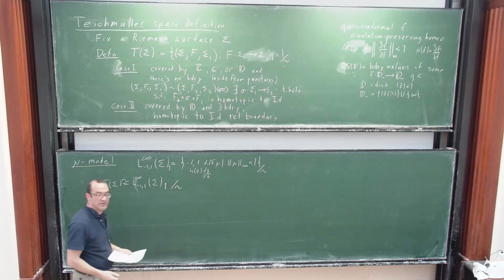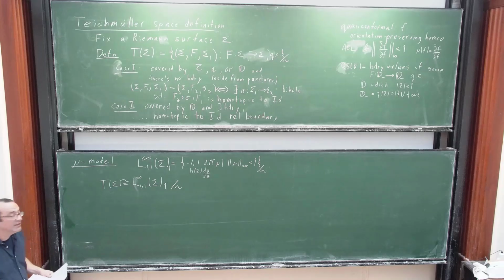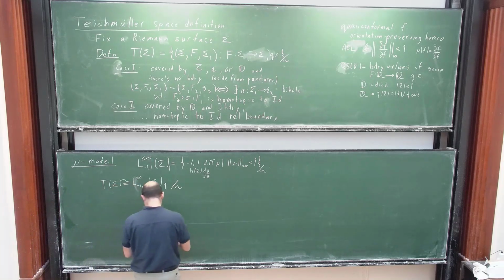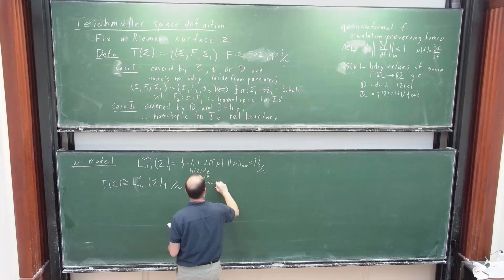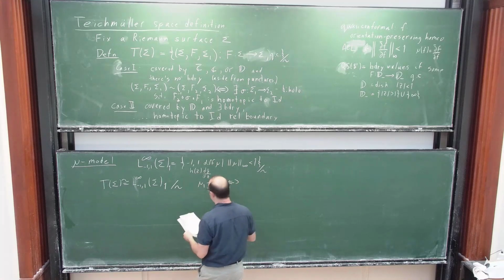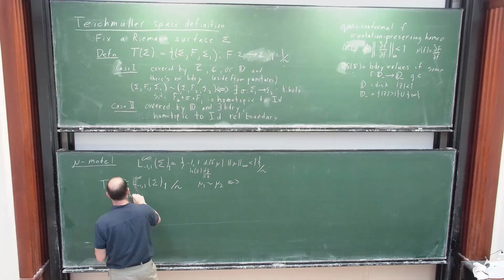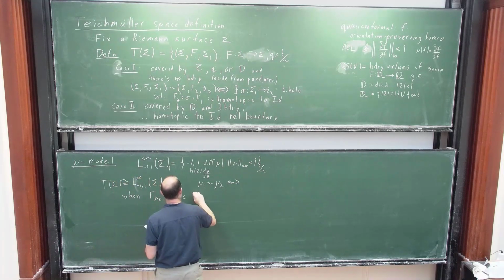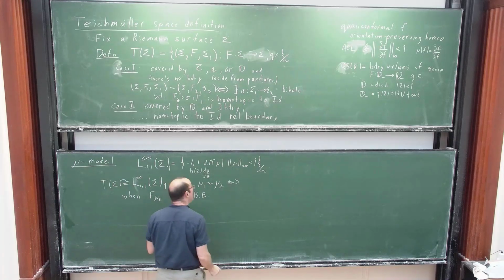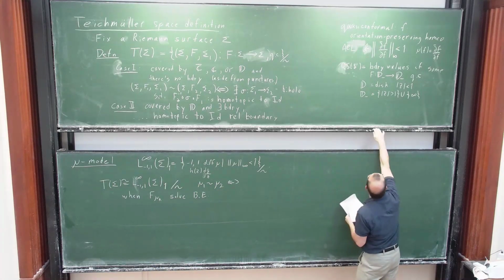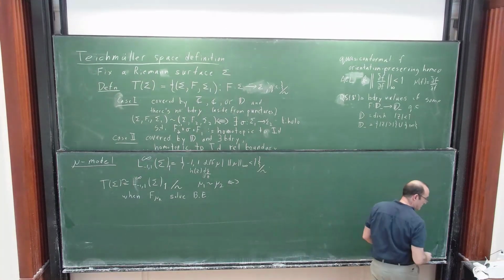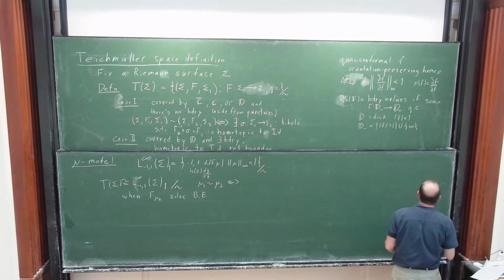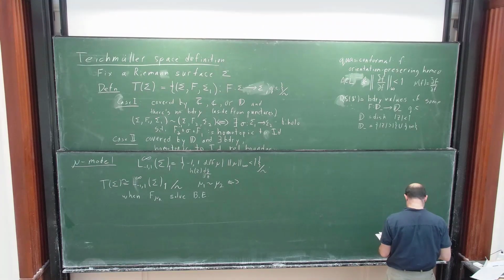Modulo an equivalence relation, and the standard definition is kind of cheating. You just say mu1 is equivalent to mu2 if and only if, when you solve the Beltrami equation, that's the Beltrami equation there, I don't know if you can see that red dot.